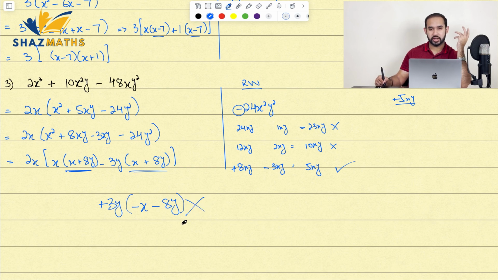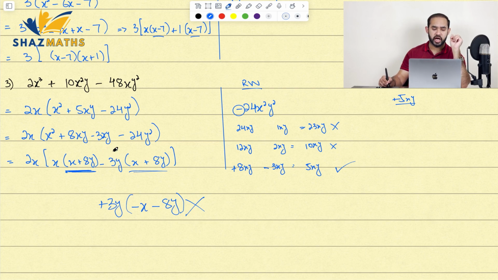I mean, I cannot say that this is wrong, but we do not need this expression, right? We need x plus 8y just so that we can write those expressions as one. So that is why I have taken negative 3y as common, because whenever you take negative as common in two or more terms, the signs inside the bracket will always change. Okay, I want you to remember this thing. Whenever you take negative as common, the signs inside the bracket will change.